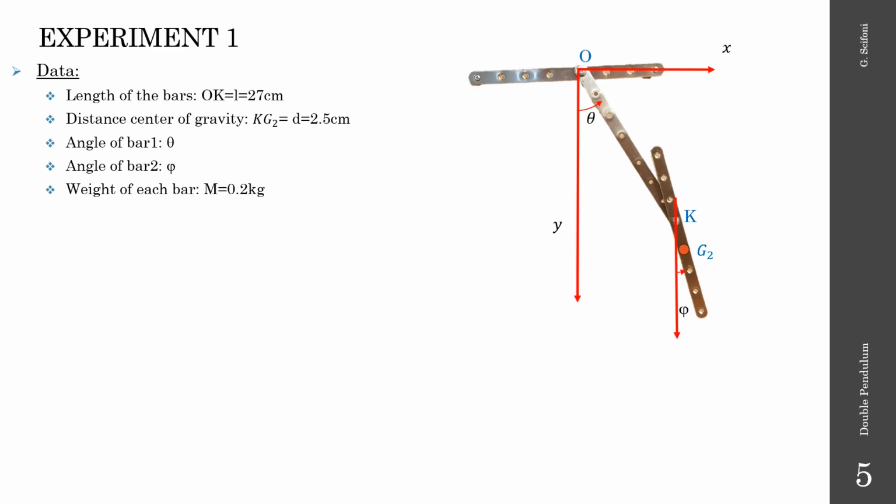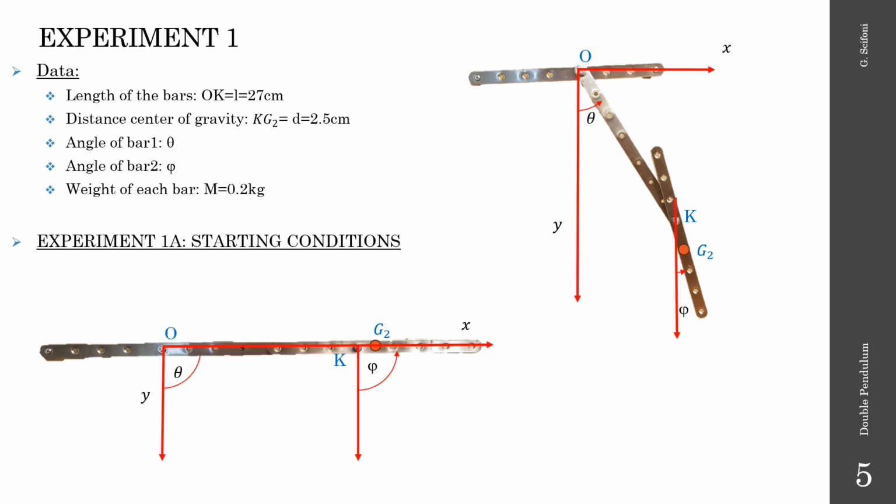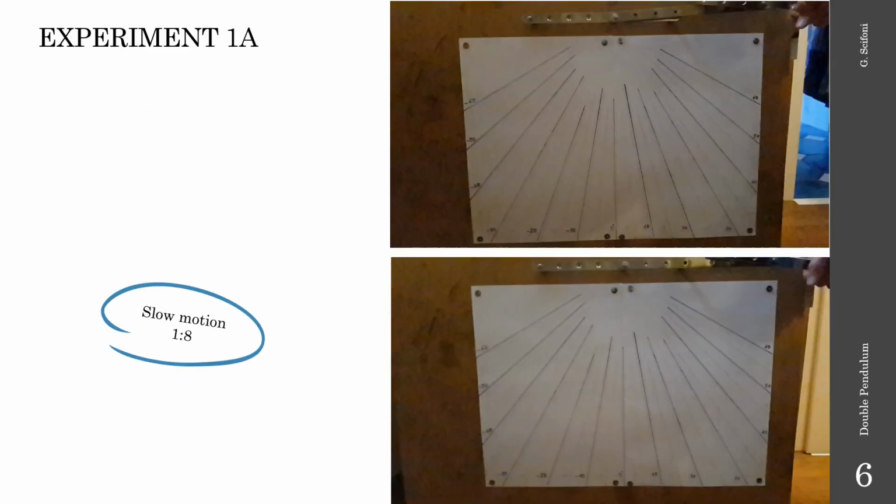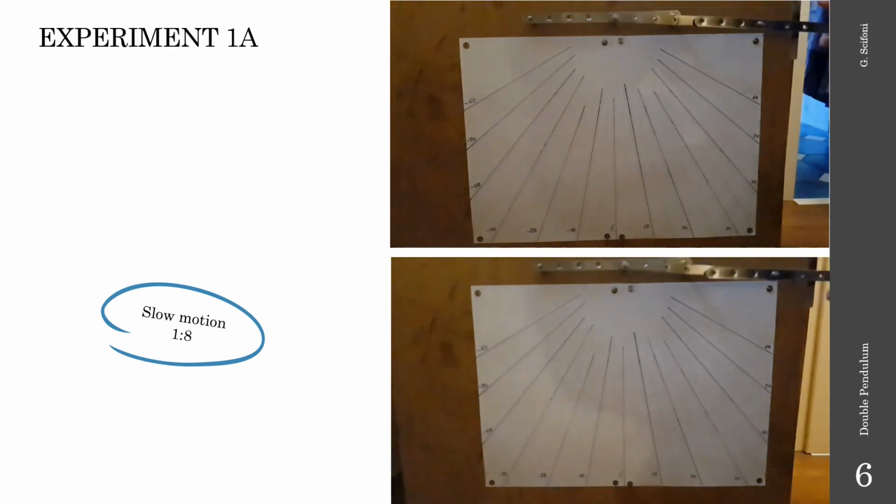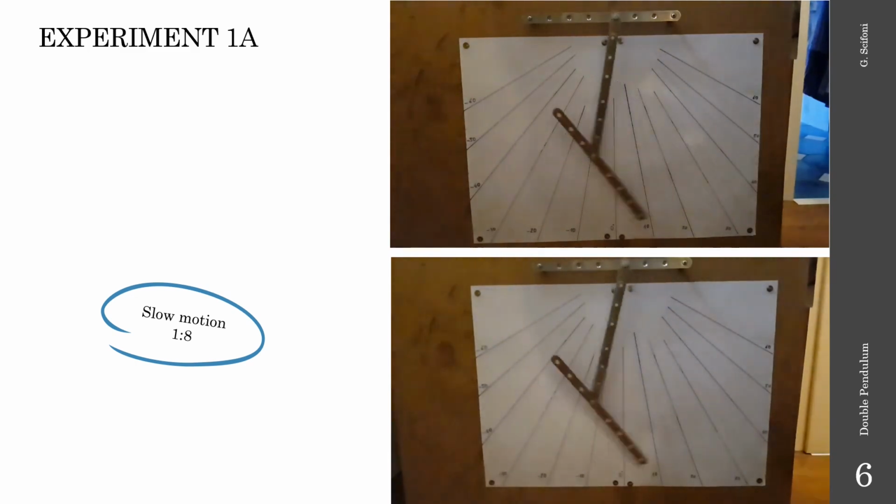For the first experiment, we consider as starting condition both theta and phi equal to 90 degrees. The experiment we repeat twice and we represent the outcome in the slide as movie with slow motion. It shows a periodical swing of the theta angle that is approximately 1.1 second.